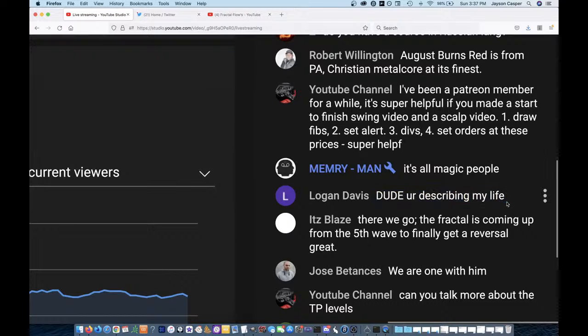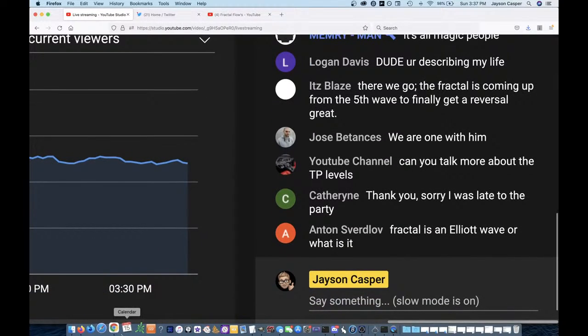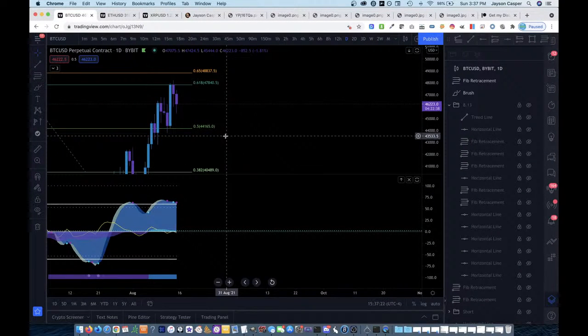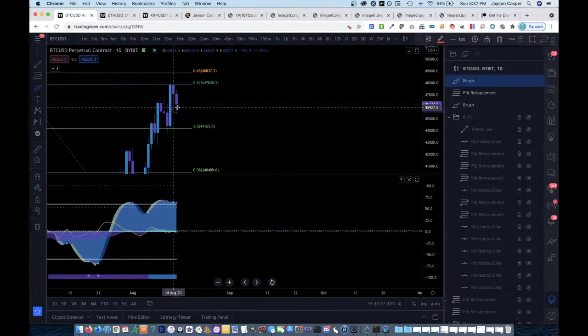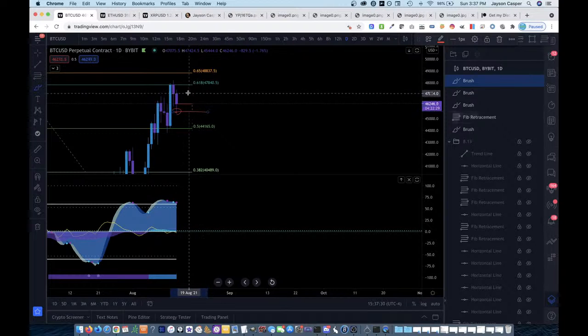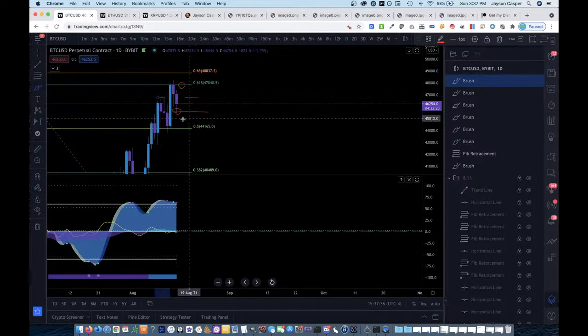Describing some people's lives with the whole checking the Bitcoin at night. Can I talk more about my TP levels? Yeah, so basically, right now, if I'm scalping, I kind of just take profit along the way up, and I'm long from right here. So really, I've already taken profit, locked it in, stop loss at the entry. My next real take profit level will hopefully be up here, and if not, then probably right here, because I see some resistance at this previous high.